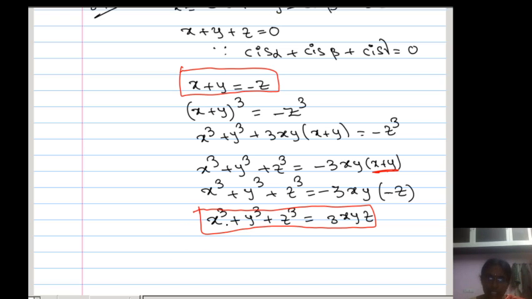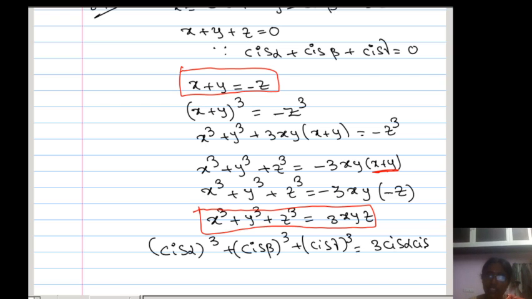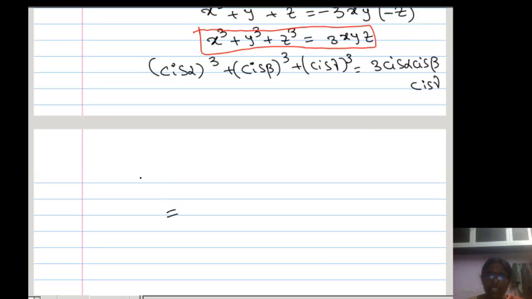So what is x here? cis alpha cubed plus, what is y, cis beta cubed plus cis gamma cubed is equal to 3 cis alpha cis beta cis gamma. How to write this simplification here? You can observe. What is LHS?